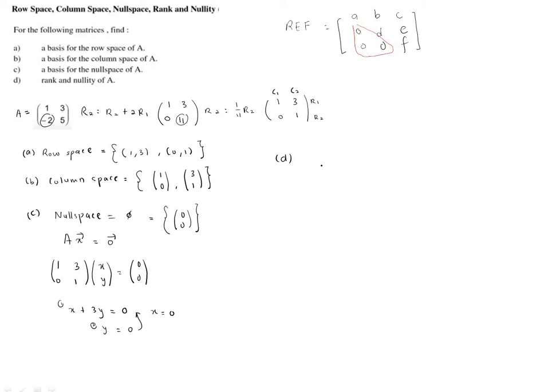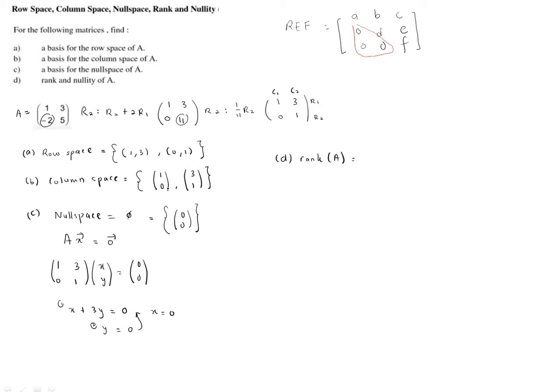D. Rank and nullity. Rank of matrix A. Rank is the dimension of the row space or the column space. Okay, rank adalah size untuk row space ataupun column space. So look at our row space. We have 1, 2. Okay, ada 2 dimension.